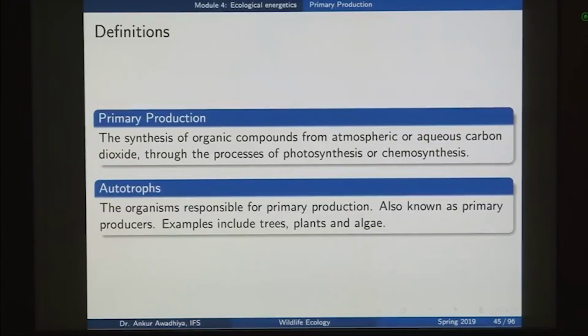Examples would be organisms living in the oceans, rivers, ponds, lakes and so on. So, synthesis of organic compounds from atmospheric or aqueous carbon dioxide through the process of photosynthesis or chemosynthesis. And the organisms that are doing primary production are autotrophs, which are of two kinds: photoautotrophs and chemoautotrophs, and the examples include trees, plants, algae and so on.